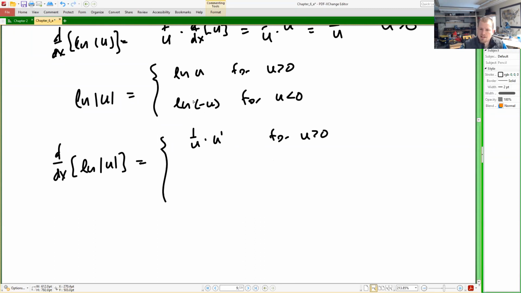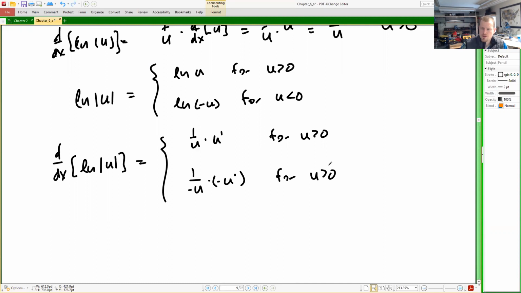And then in this case, the chain rule says that it's 1 over negative u, because that's what's being plugged in. And then we multiply by the derivative of negative u, which is negative u prime. A multiple of a negative just carries along. So we multiply by negative u prime.